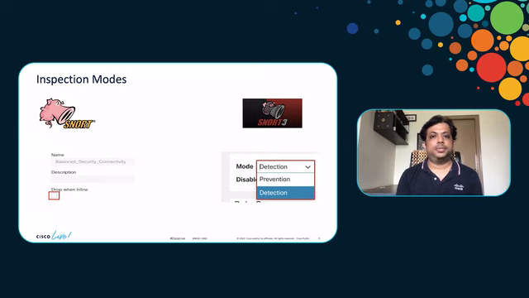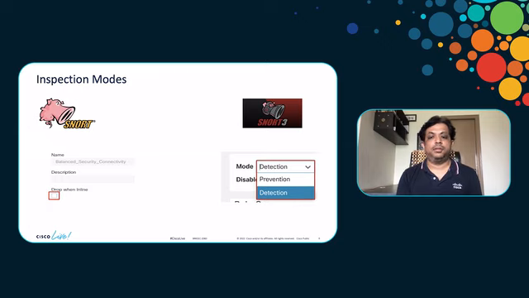When we disable this particular option, the IPS policies will be evaluated in detection mode only. This way, the network administrator has control on how a particular IPS policy should be evaluated in the network, whether it should operate in detection mode or in prevention mode.